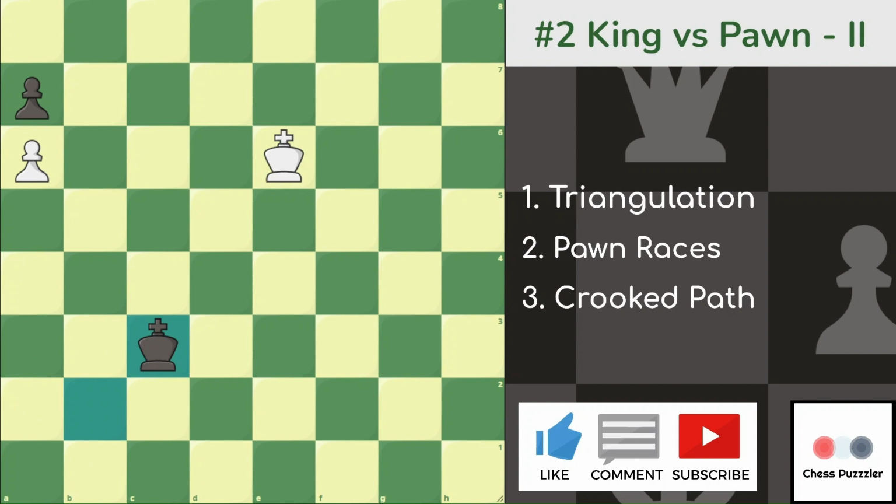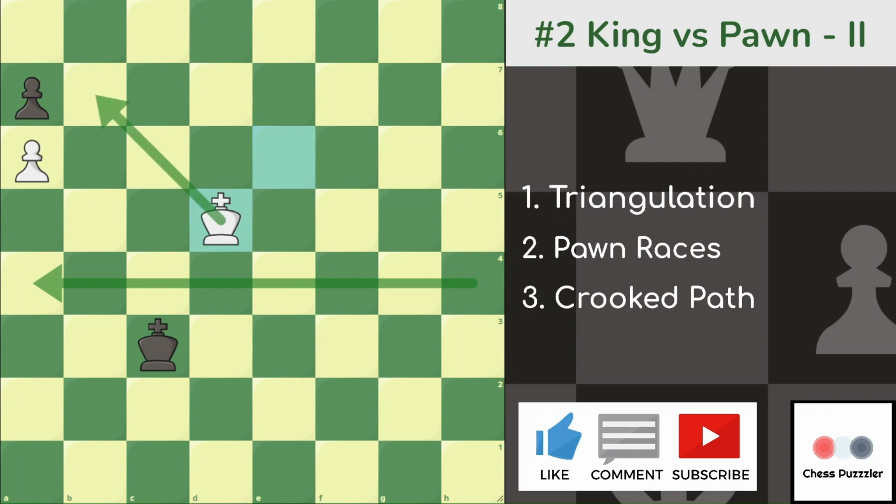But instead of playing king d6, white has to play king d5. Keep the black king out of this particular rank for as long as possible, so that white can keep marching towards the black pawn while making black lose tempo.